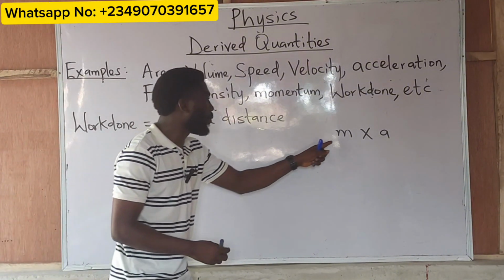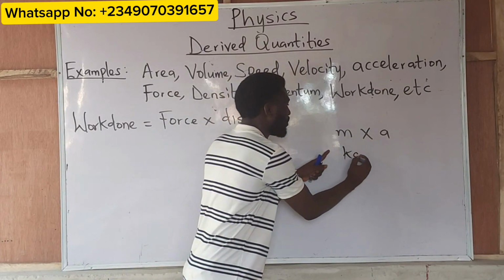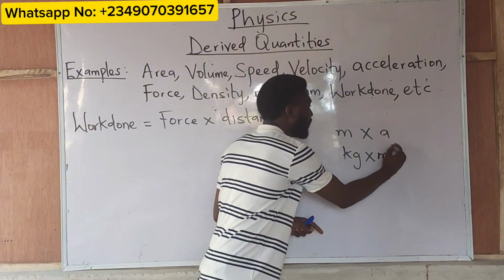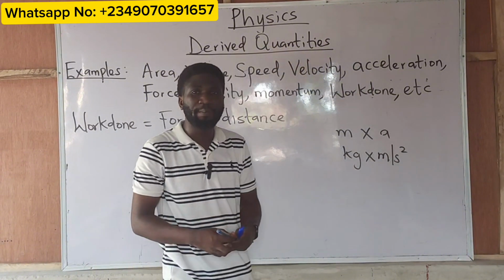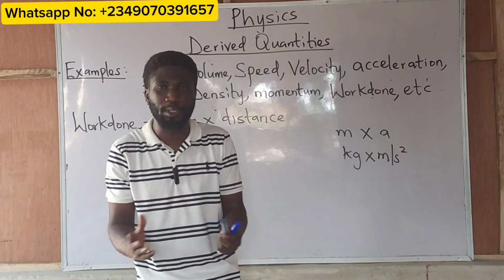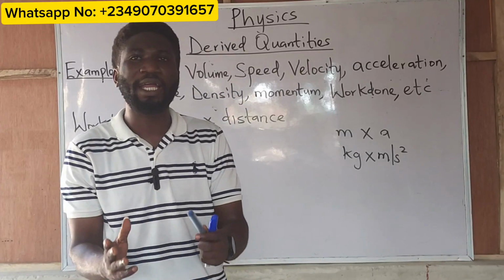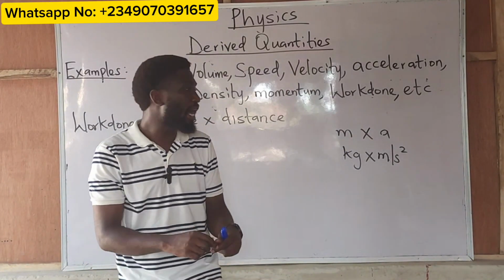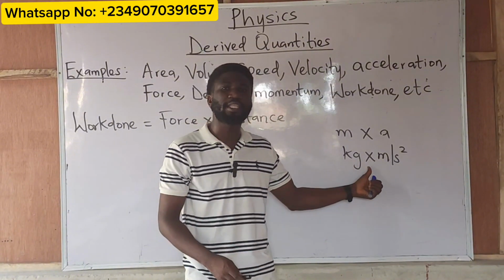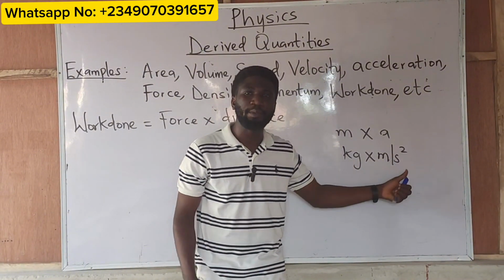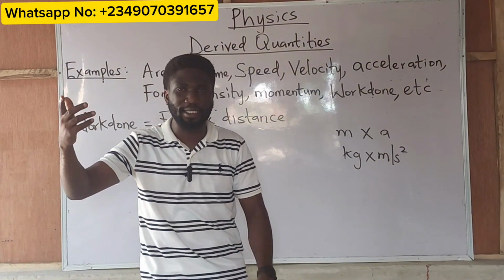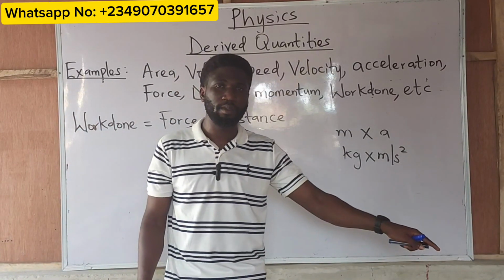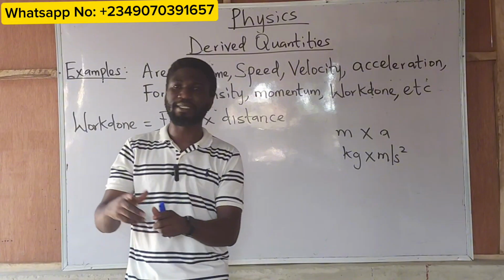How? What is the unit of mass? Kilogram. Multiplied by the unit of acceleration, meter per second square. If I'm asked the unit of force, I don't need to stress myself. I will just say it is kilogram meter per second square, because I've already mastered it from the formula.